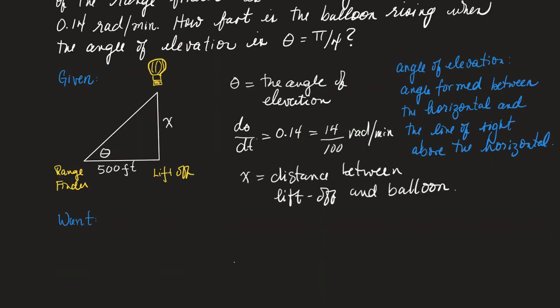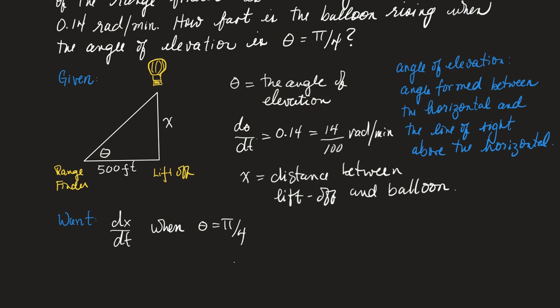All right, so I am asked how fast is the balloon rising when the angle of elevation is pi by 4. So that tells me I want the rate at which this distance is changing. So I want dx by dt at the specific instance when theta is pi by 4.